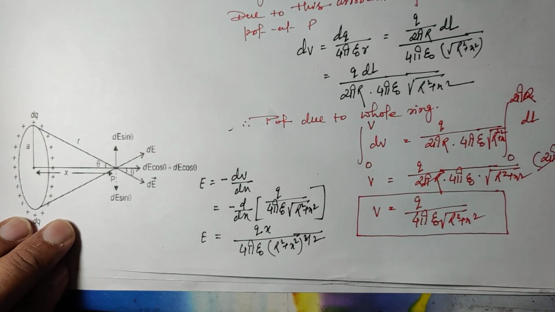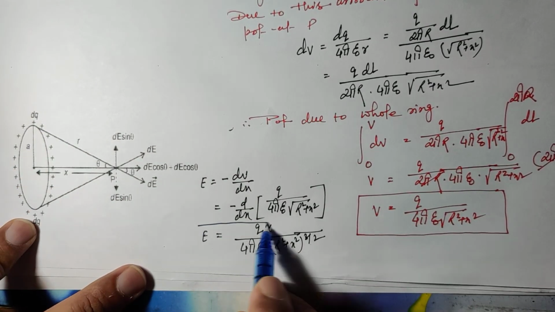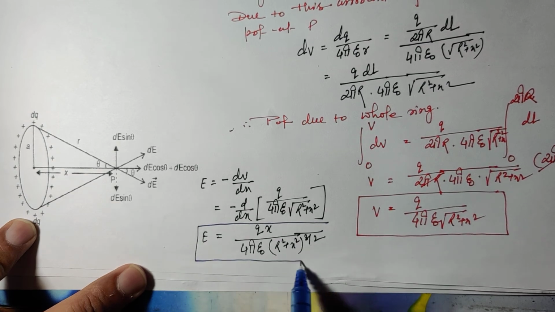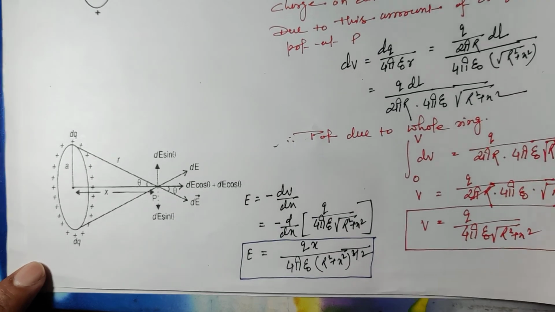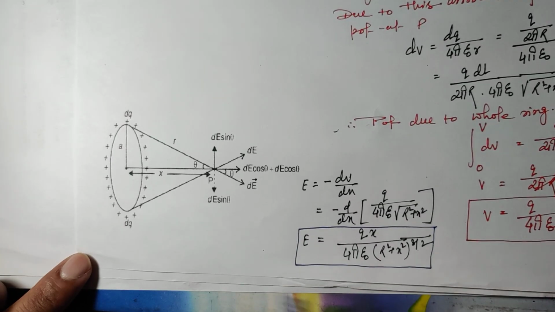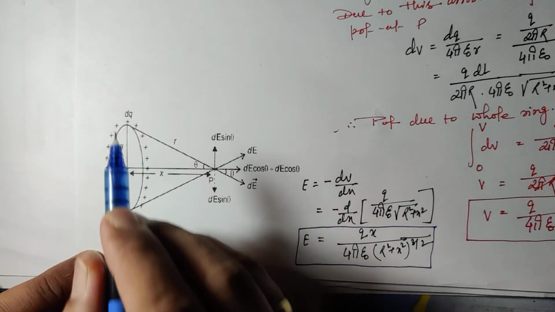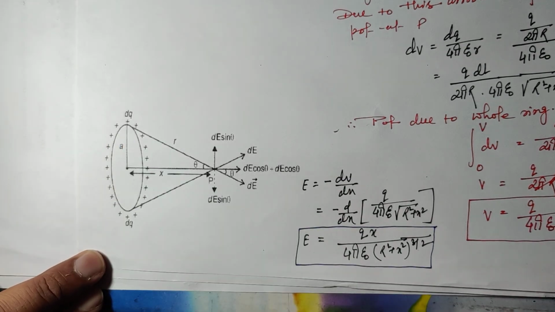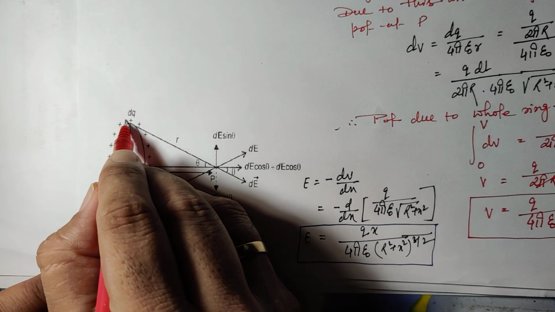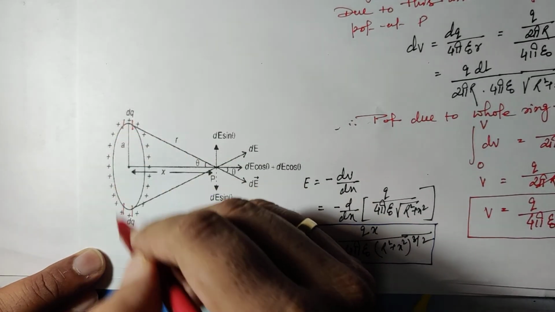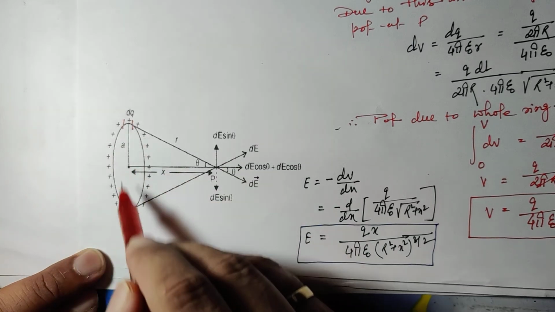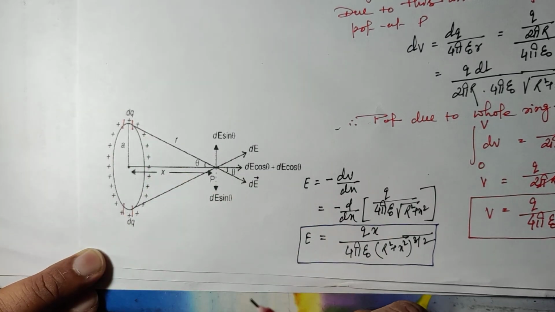Now, since intensity is a vector quantity, it must have direction. So to find the direction, we will consider this diagram. Here, instead of one charge, we will consider two elemental lengths and two equal charges at diametrically opposite points, meaning the points are on opposite sides of the diameter.